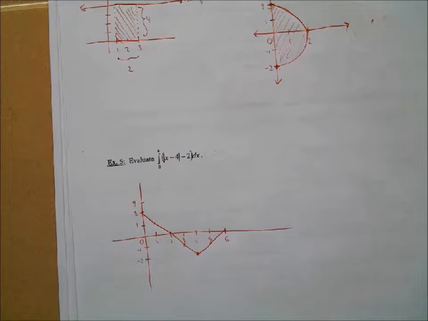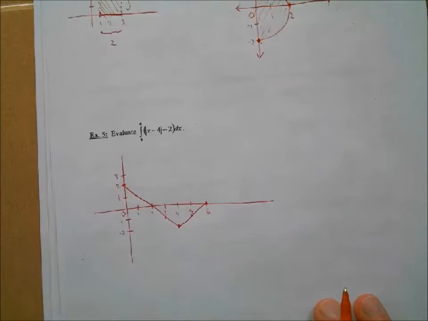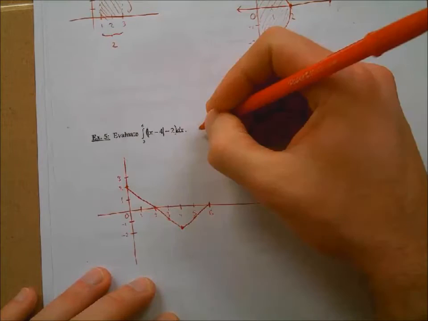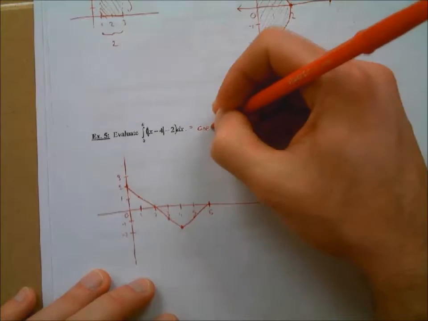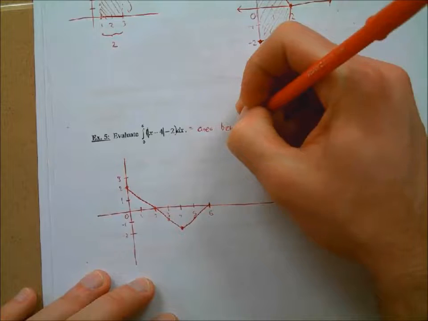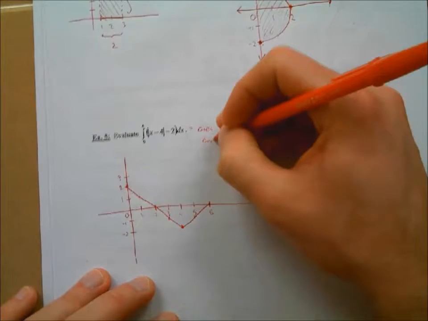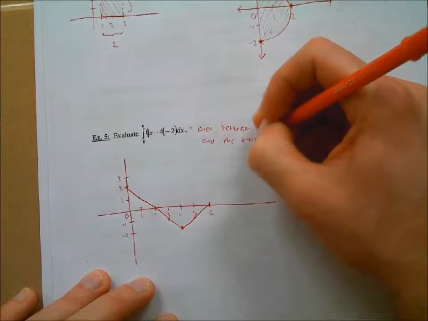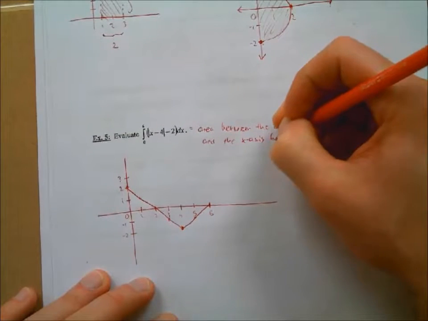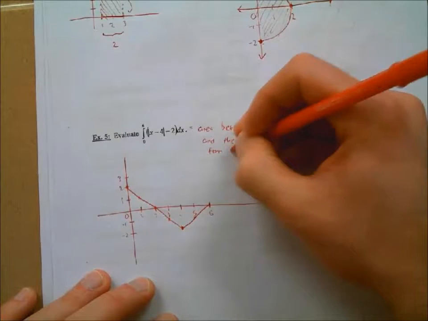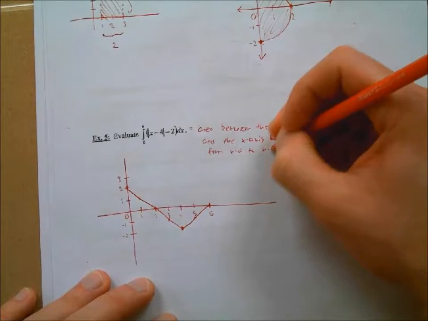So now, this is a little bit funky because our graph crosses the x-axis. So let's first identify the regions that we're talking about here. Remember that the area we're trying to find is equal to the area between the curve and the x-axis from x equals 0 to x equals 6.